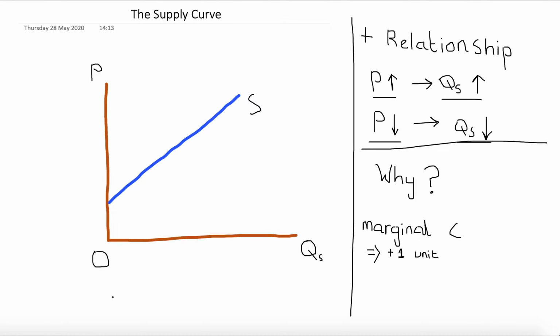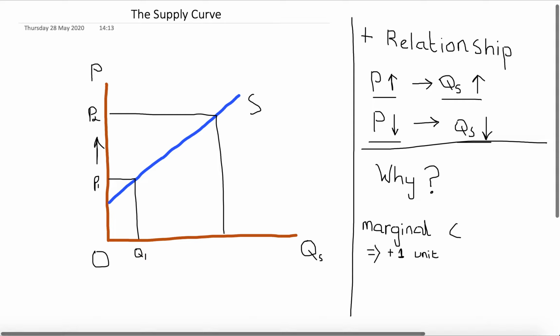For every additional unit we want to produce, the marginal cost increases, okay? So if the price goes from P1, we've already gone through it, but we'll do another movement. So P1, and we're at Q1, and the market price increases to P2, well then firms are going to supply more goods, okay? Firms are going to supply more units of the good.